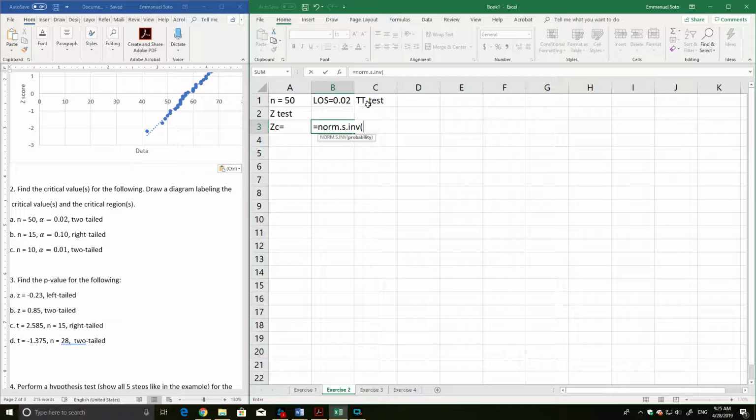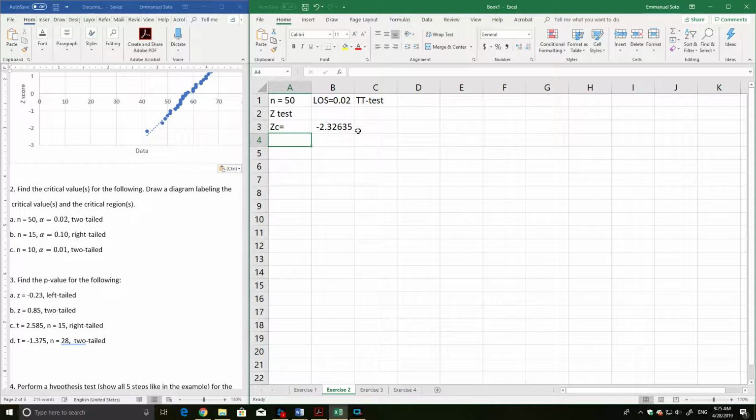Since this is a two-tailed test, you're going to be looking at a positive and a negative critical value. So what you want to do is take the alpha and divide it by 2. This will give us our left tail. If we want the right tail, then we do 1 minus this number.